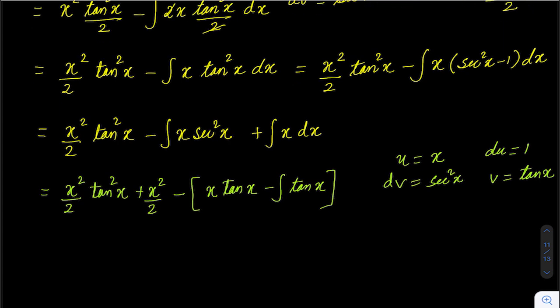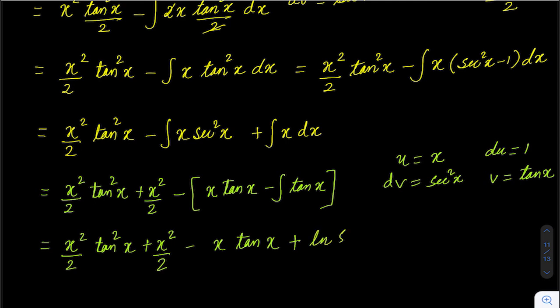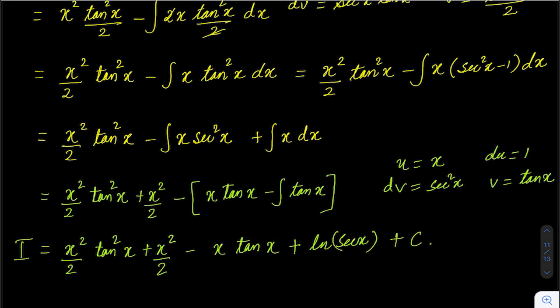Okay, now finally I have come down to integration of tan x, which we know is ln of secant x. So my final answer is x square over 2 tan square x plus x square over 2 minus x tan x, and this minus becomes plus. So plus integration of tan x is ln of secant x plus c. So this is my answer.